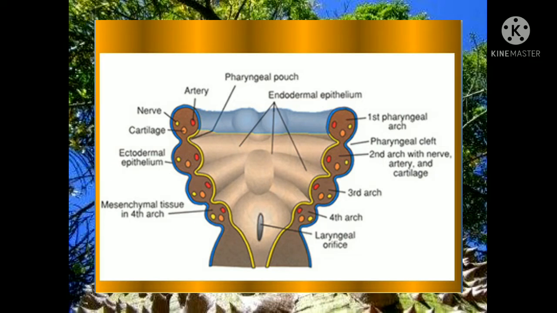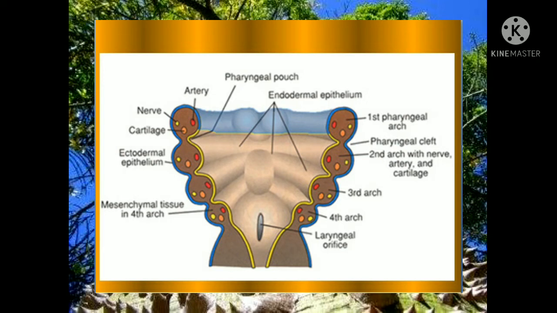In the skeletal elements, the cartilaginous part of the bone begins from here and either remains cartilaginous or may develop into bone. The striated muscles are supplied by the nerve of the corresponding arch.